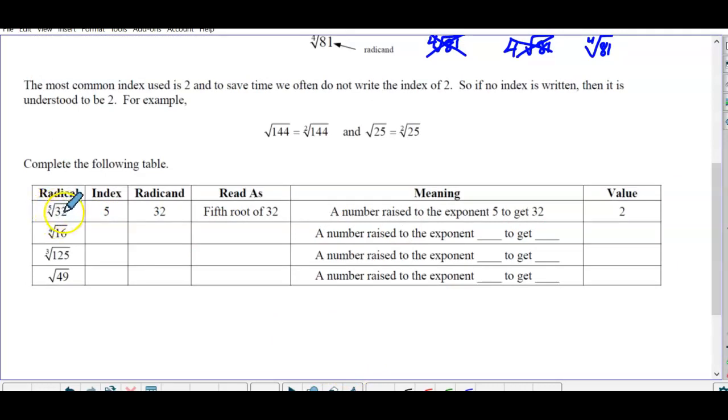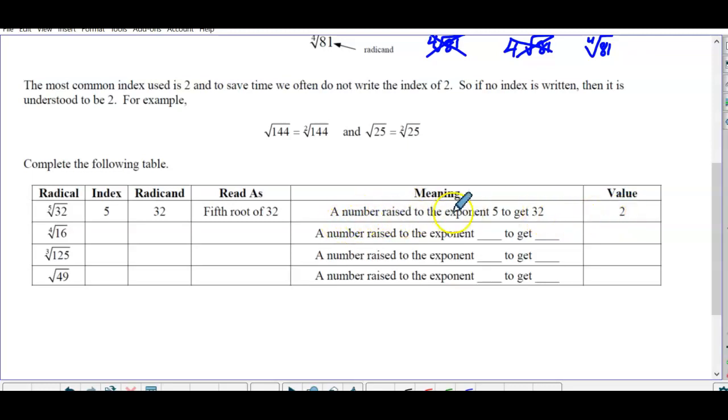So 5th root of 32, so the index is 5, the radicand is 32, we say 5th root of 32, and what is the answer? What's the meaning of that? It's whatever number is raised to the exponent 5 to get 32, so it's 2.